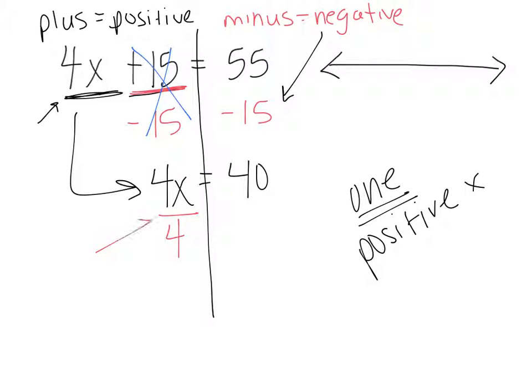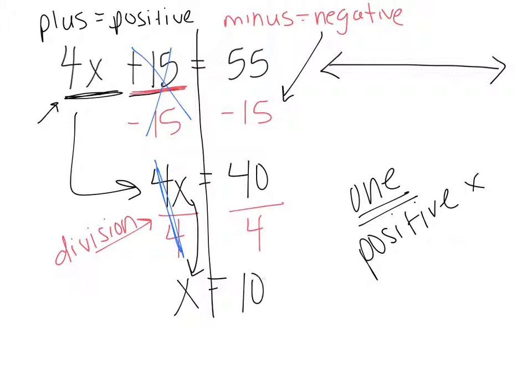Remember that fraction bar right there is your division symbol. So that's how we write that. Whatever I do to one side, I do to the other. So I'm going to divide this side by 4. The 4's cancel each other out because multiply cancels out divide. And so I now have my positive x, which I'm going to bring down, equals 40 divided by 4, which is 10. And that is your answer.